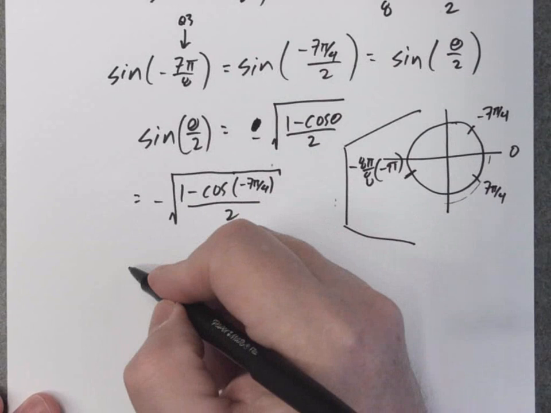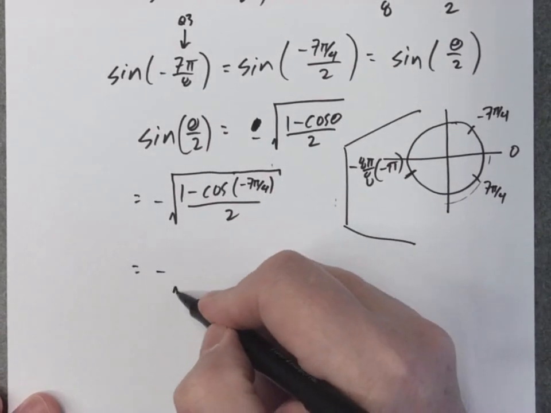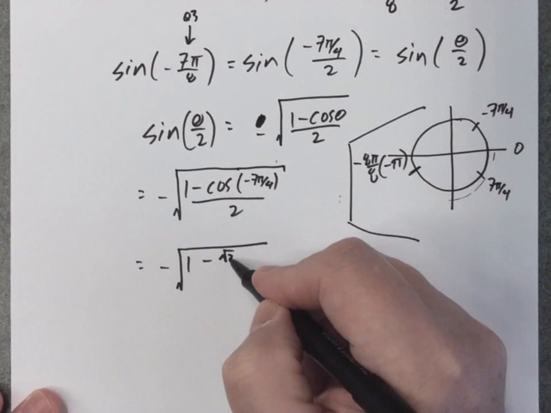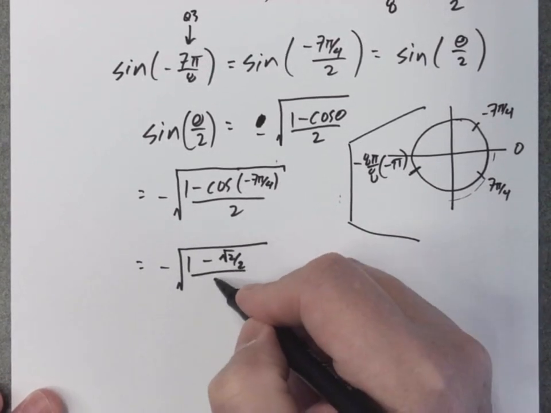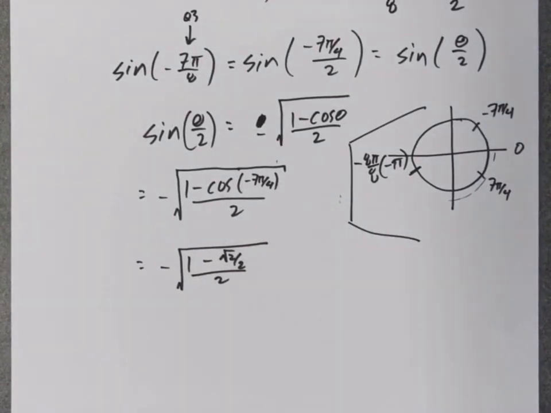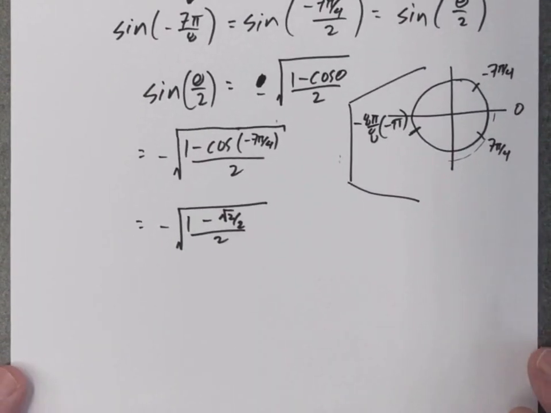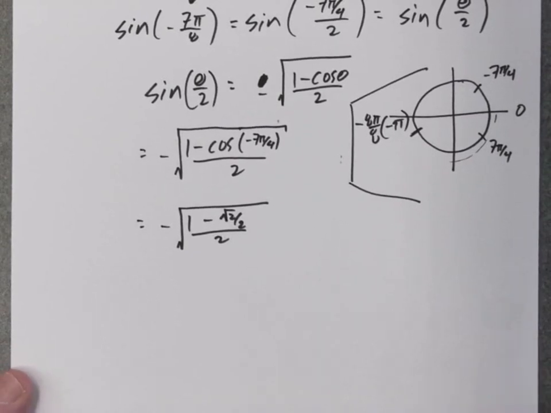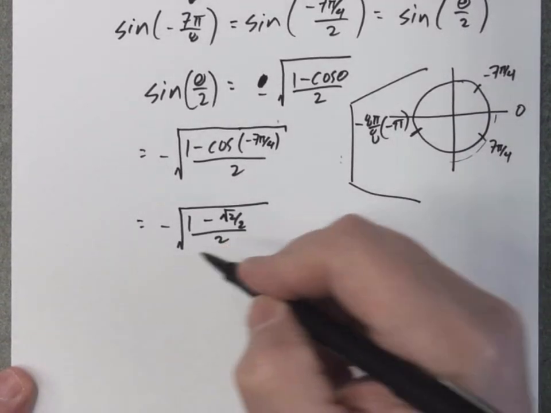That becomes important because now I need to plug in what is the cosine of this angle. And I know it's going to be square root of 2 over 2. So 1 minus square root of 2 over 2, all over 2. So now the rest of the problem becomes just trying to simplify this with radicals and fractions and all kinds of messy stuff. So let's do what I did the last time.